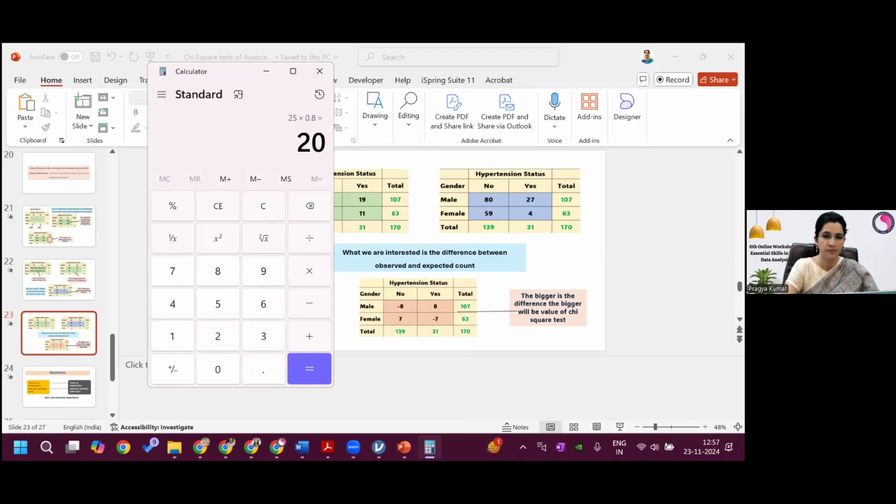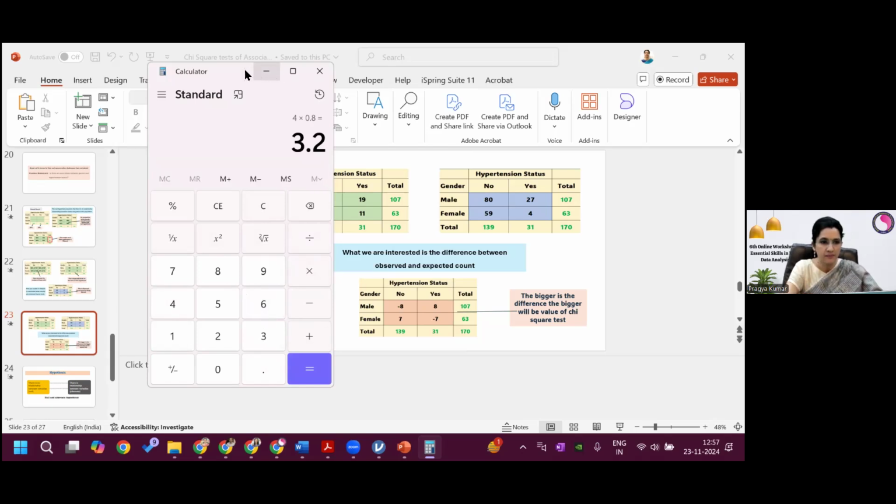Or I will explain this with the table also. Let's say this is a 2 by 2 table. The total number of cells is 4, multiplied by 0.8, so the number of cells is at least 3.